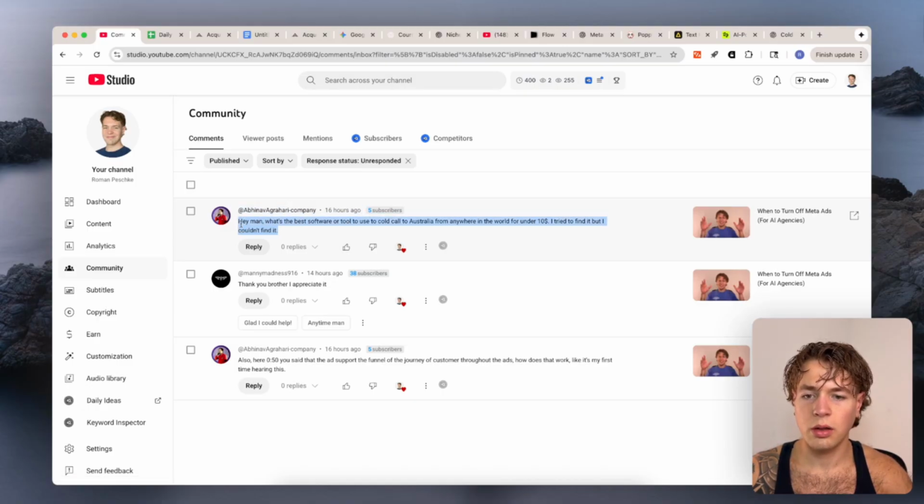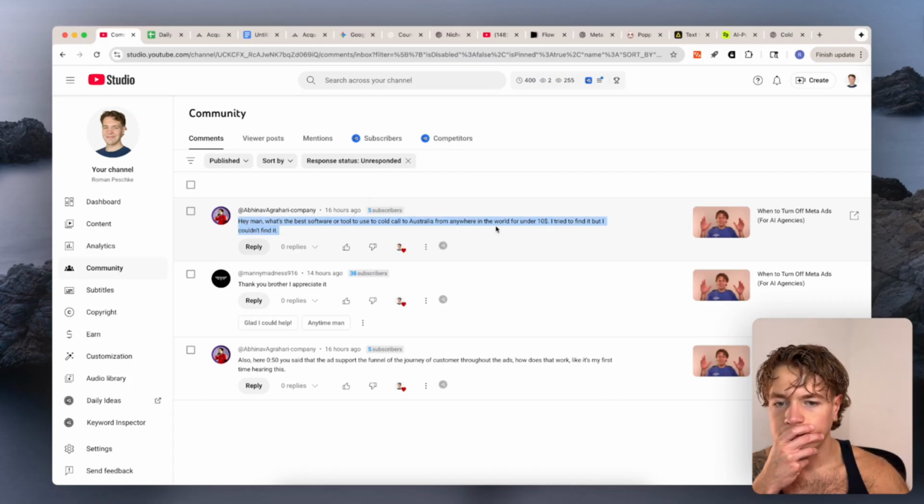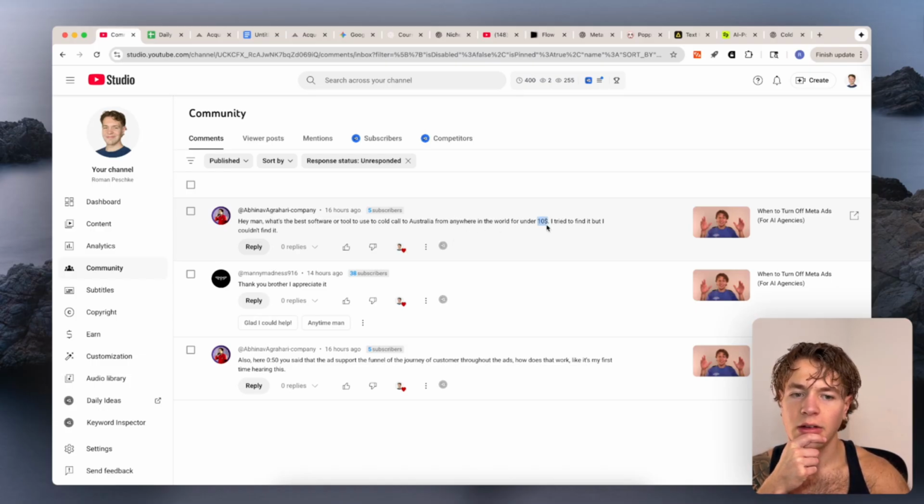When I'm cold calling locally, I'll use Go High Level for it, but again, that's above $10 a month. So for that low of spend, especially if you can't use your own number, I'm not really sure what the best path would be for that. And I'm not even sure if a solution like that is available right now.